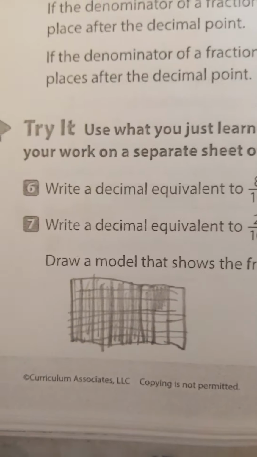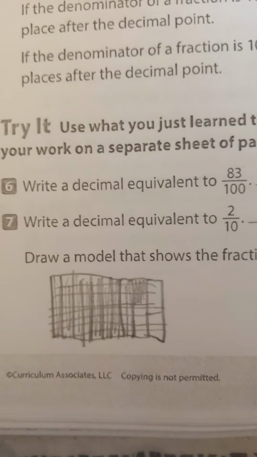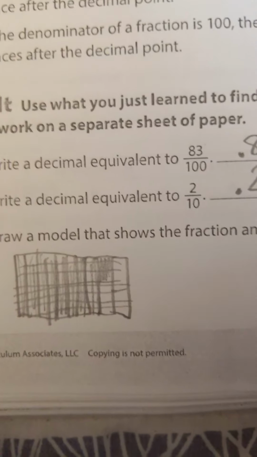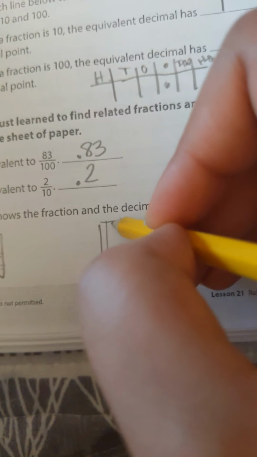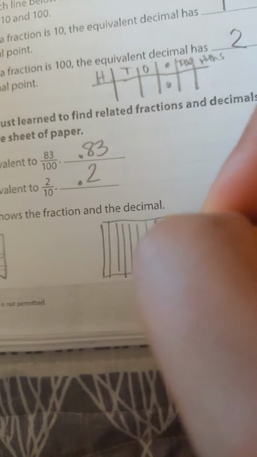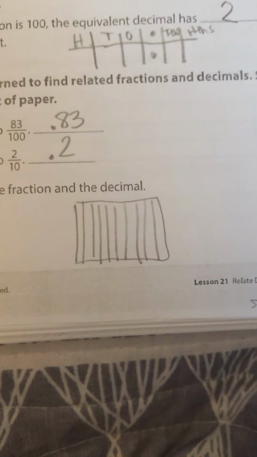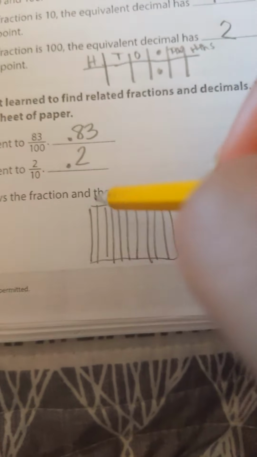So there's 83 hundredths. And my model for 2 tenths: 2, 3, 4, 5, 6, 7, 8, 9. Okay. And we're going to shade 2 of them.